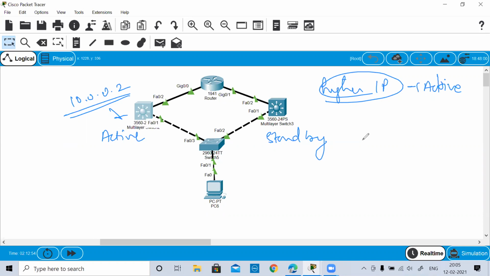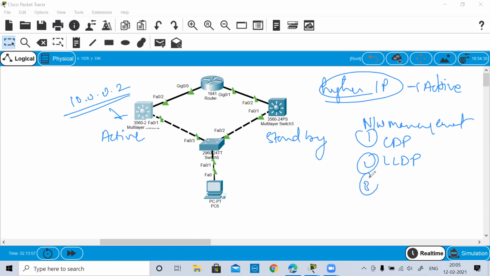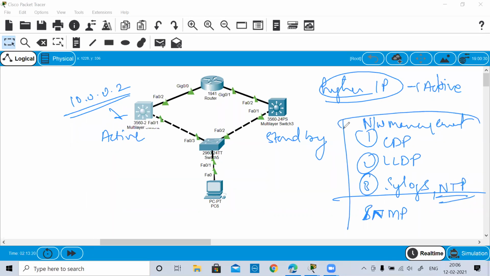On Monday, we are going to discuss network management: CDP, LLDP, then syslogs and all this will come into the picture. A few services were left, which are SNMP, and even NTP we are going to learn. Whatever network management and services protocols we are left with, we will finish off, and then we will dive into the wireless part.